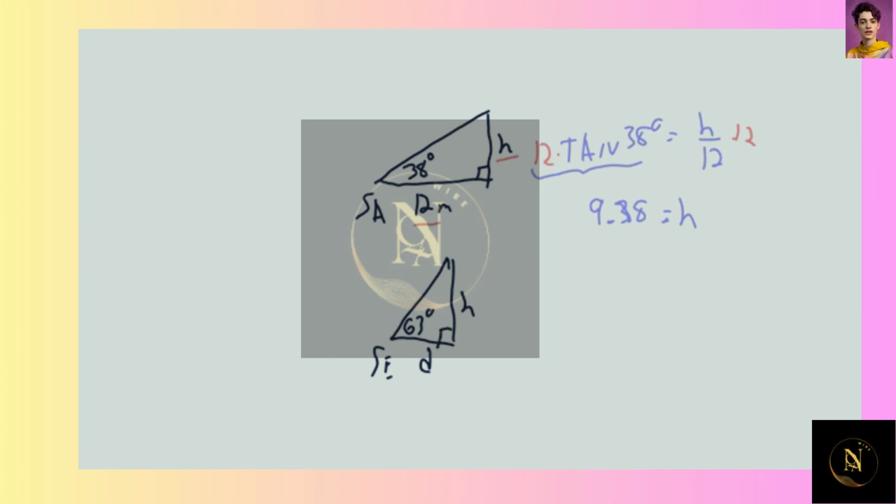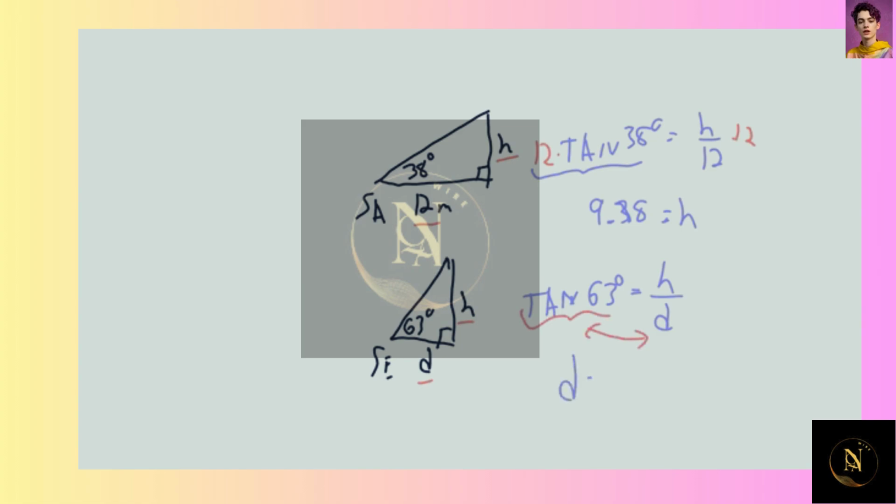So same thing here, same idea. We're going to have opposite and adjacent here. So let's write a tangent equation for that. So the tangent of 63 degrees is equal to, again, opposite h over adjacent d. And again, remember, h we have solved for already, so it's not really a variable in our equation. So we have the shortcut here if our variable is in the denominator that we can just switch it out with the other side.